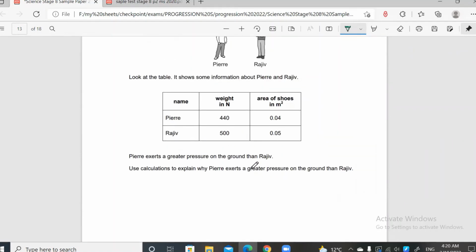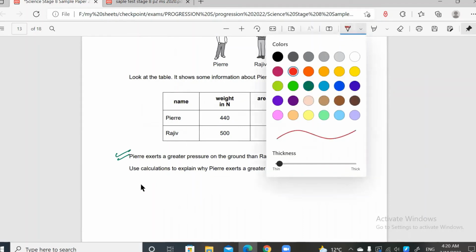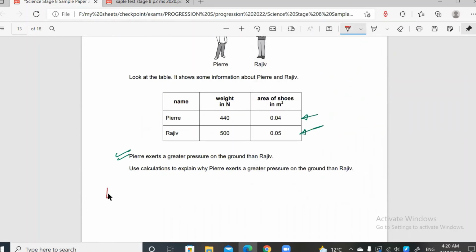To make sure this sentence is correct, you must calculate the pressure for Pierre and the pressure for Rajiv. Let's start with the pressure of Pierre. The pressure is equal to force divided by area.